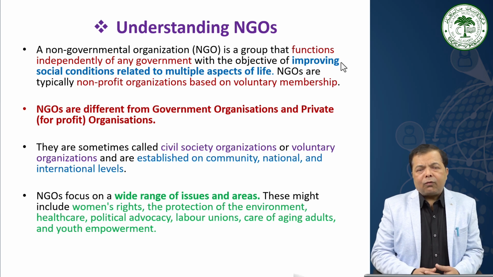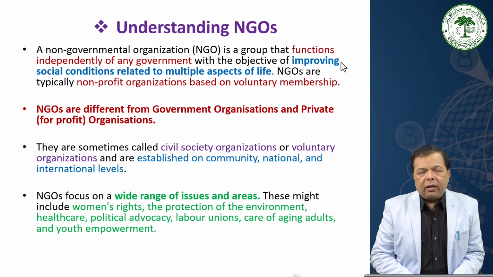So not for profit, when we say, then how do we differentiate these from the rest of the organizations? Basically we talked about the government organization, and those are also different from the NGOs. But there are private organizations which are for profit organizations, for example the corporates or any private business.